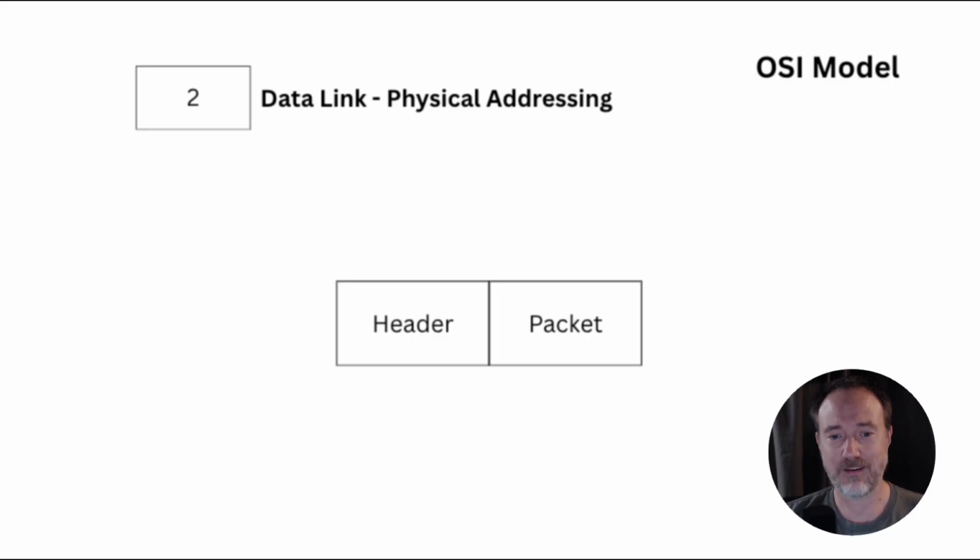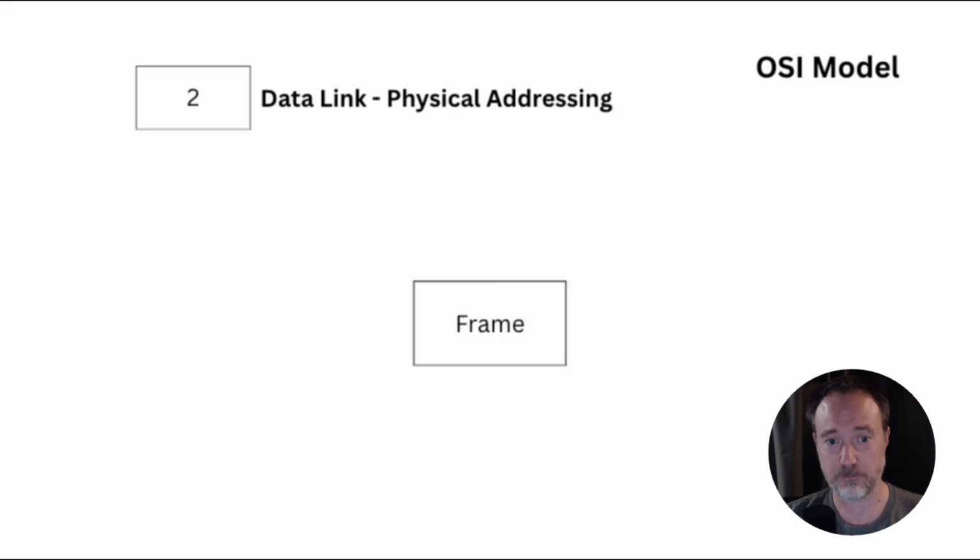A legacy protocol that's not really used anymore is called frame relay, and that protocol has its own type of addressing that it would put on the header. We typically use Ethernet now, so the addressing that we use for physical addressing is the MAC address, machine access code address. The layer 2 header is going to have the source MAC address put in there as well as the destination MAC address. At this point, it's no longer a packet. Now we call this a frame.